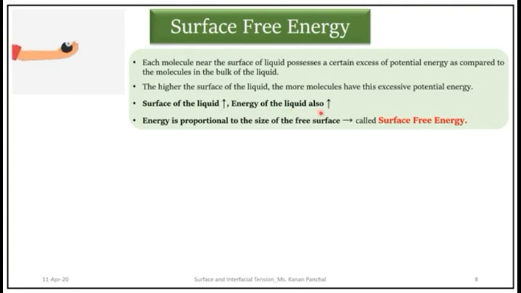Then the fifth factor is adsorbent solute interaction. The adsorption of a solute from a dilute solution involves the breaking of bonds between the solute and solvent molecules, as well as adsorbent and solvent molecules, and the formation of bonds between the solute and adsorbent molecules.